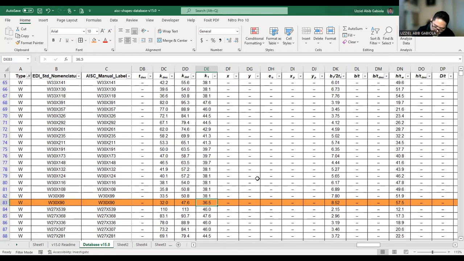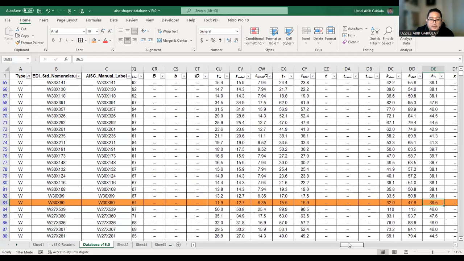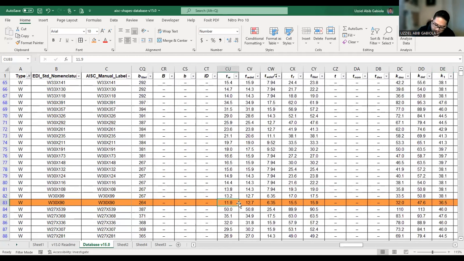And then yung TW natin, thickness ng web, is equal sa 11.9. Okay? So, going back sa slide.